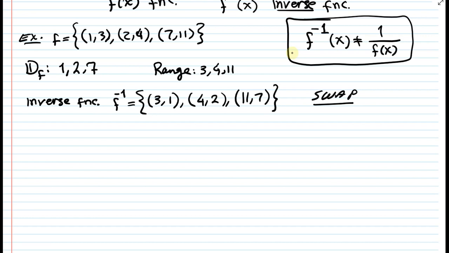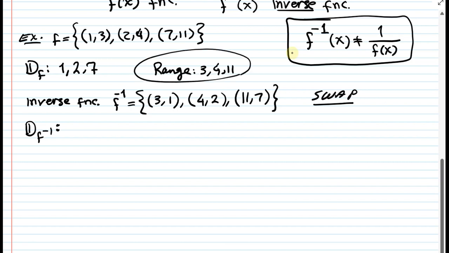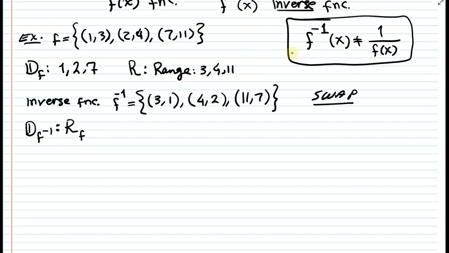Because of this swapping, look at the domain of the inverse function. No surprise, it's going to be exactly the same as the range of the function, and the range of the inverse is exactly the same as the domain of the function.